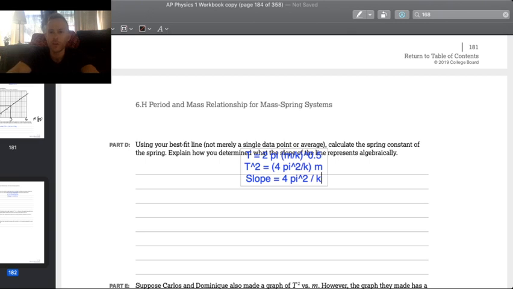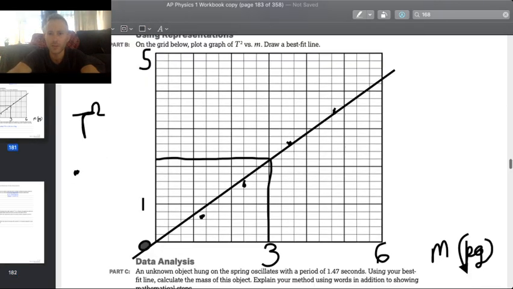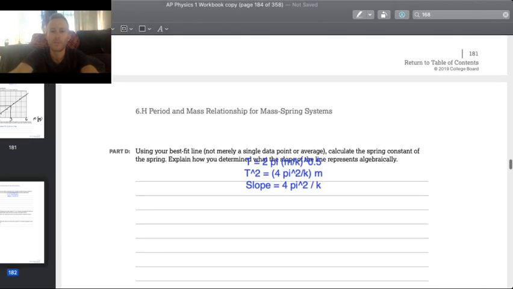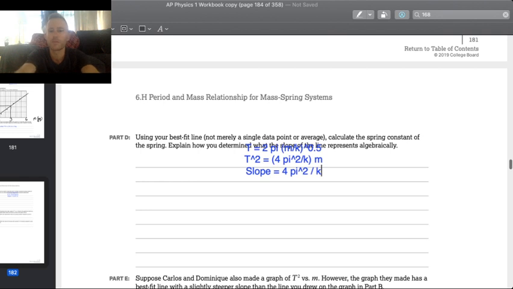So now I've got to get my slope. It looks like the slope is roughly, I've got a rise of about 4.3 and a run of 6. So my slope is like 4.3 over 6. And I set that equal to 4 pi squared over k.